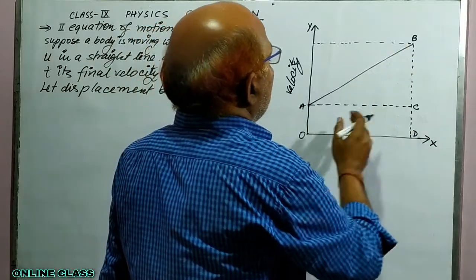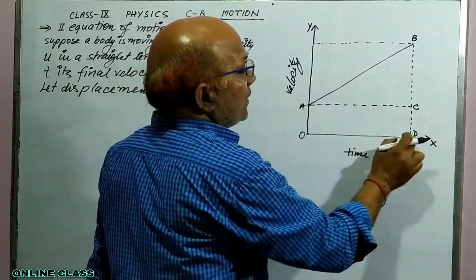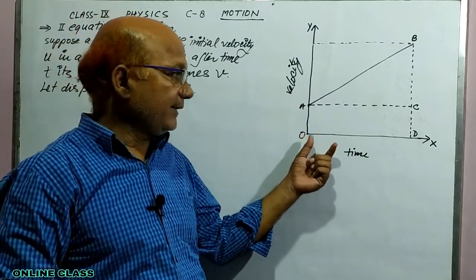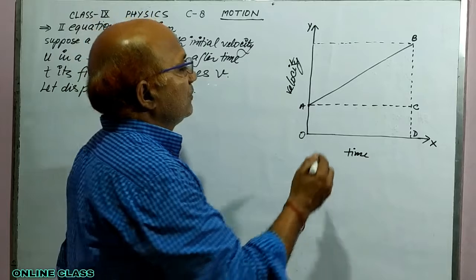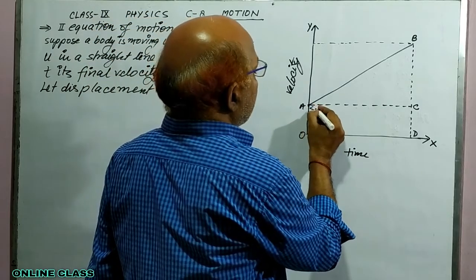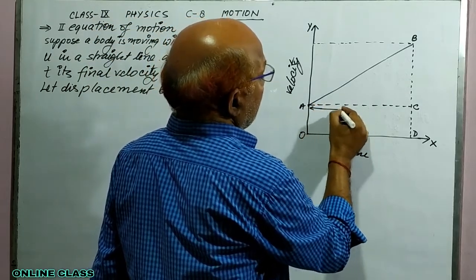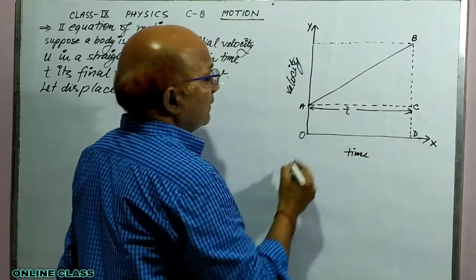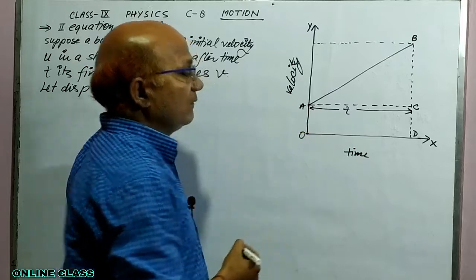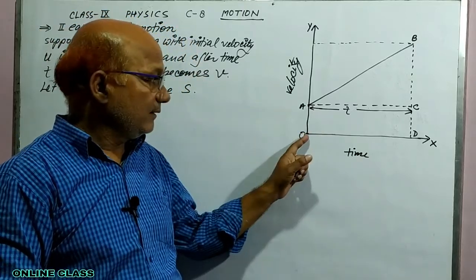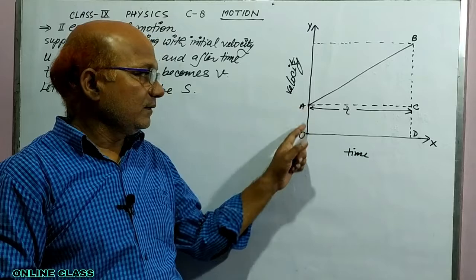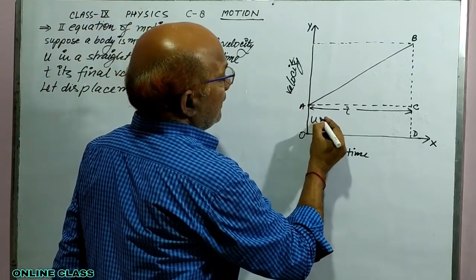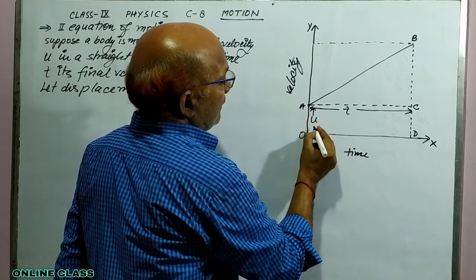And now OD represents time because it is on the time axis. Let time be t. Okay. And OA, what does OA represent? It represents initial velocity.